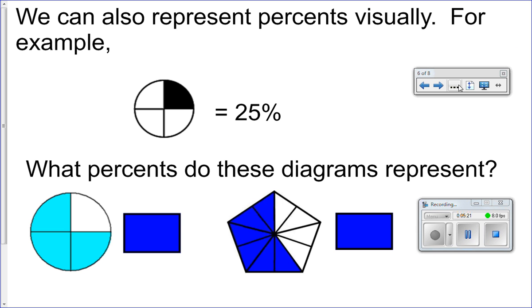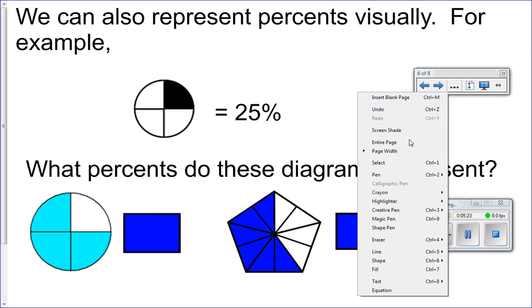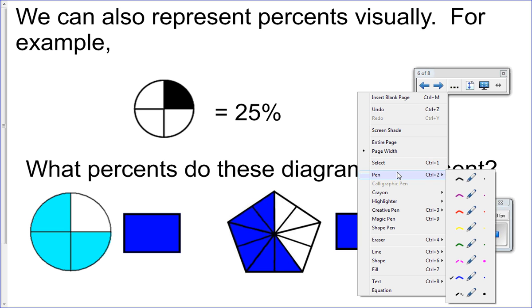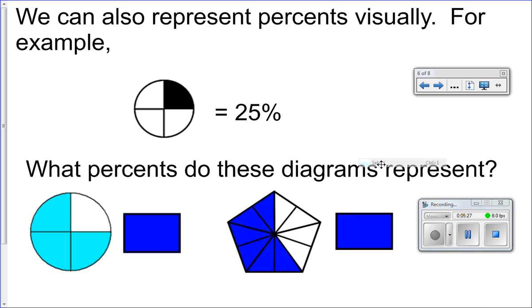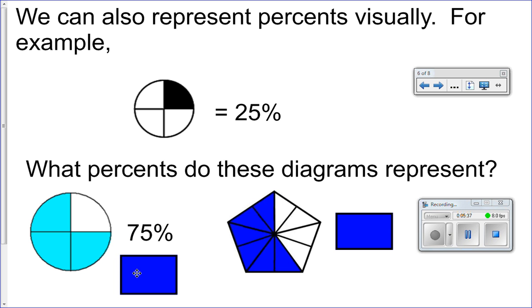So let's look at the first example together. This diagram here shows that 3/4 have been shaded in, which means 75%.